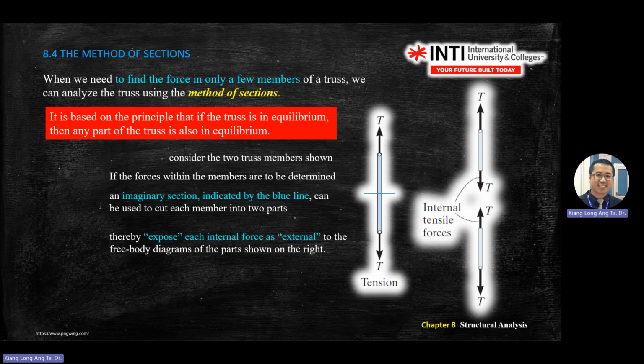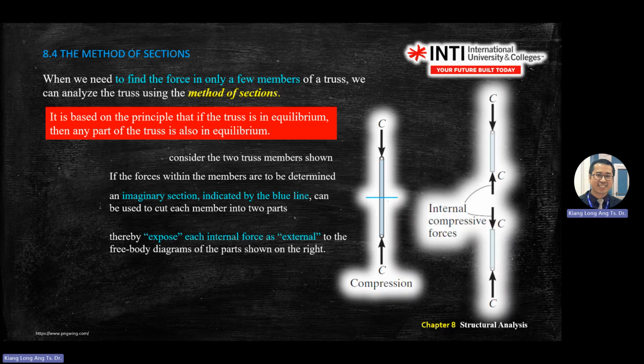You cut the member into half. For example, this 2 force member, you cut in the middle, you still see internal forces like this. Same with compression. If the member is in compression, you cut in the middle, it will still give you compression on the top, compression at the bottom.